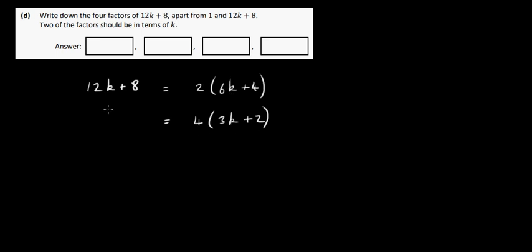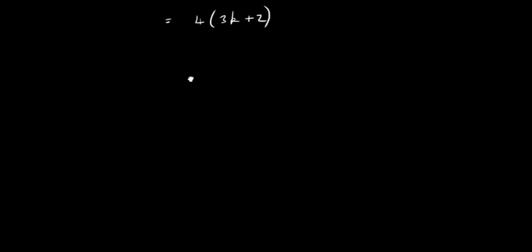So we can write those in. So 2 is a factor, 4 is a factor, 6k plus 4 is a factor, and 3k plus 2 is a factor. And that is it, I think, for this question. Yep, no more to it.